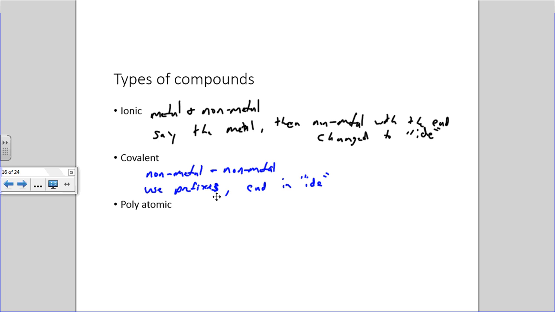Now, when you're using prefixes, one thing to keep in mind, it's not really an exception, is that when you're using prefixes, don't use mono on the first word.